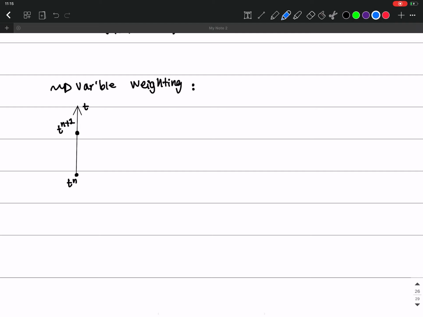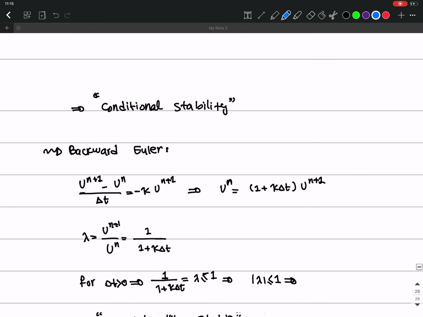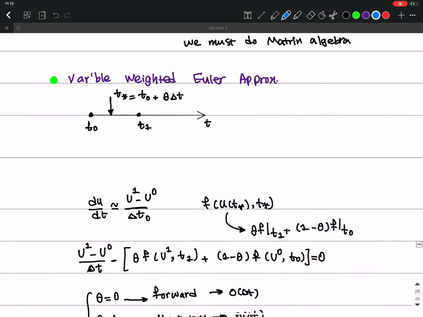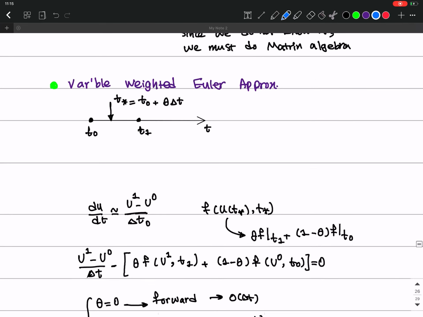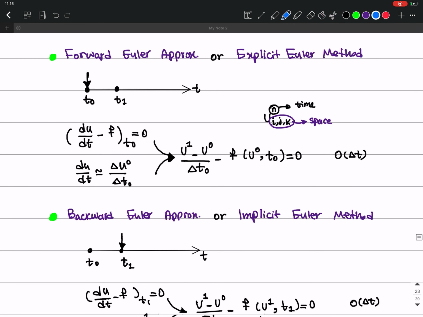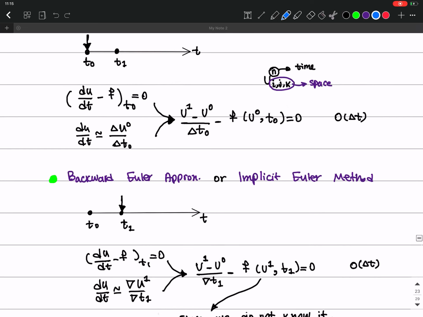So if we use the information at Tn, if we evaluate f, which is the right hand side of our equation, if you see it here, if you evaluate f at n or t0 here, it's called forward Euler.